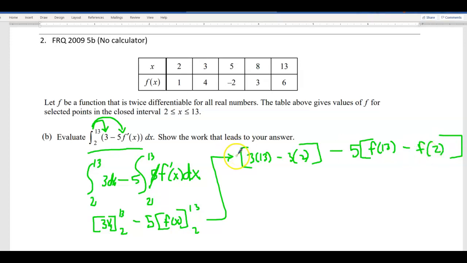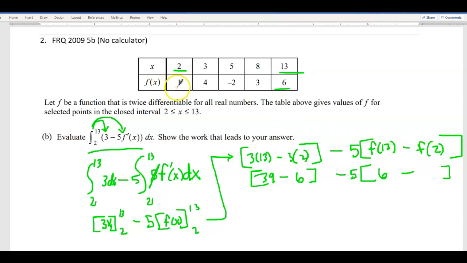Okay, so let's start simplifying this out a little bit. 3 times 13 is 39 minus 6. Now, as for f of 13, we're just going to look at our table. Here's where x equals 13, and we want the f value that goes with it, and so that would be 6. For this one, we look for where x equals 2 and the f value that goes with it.